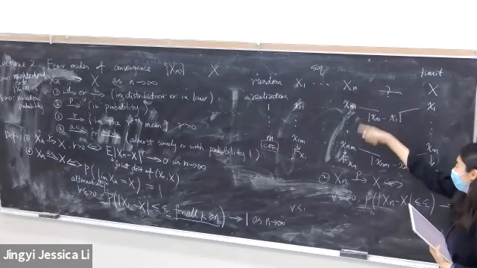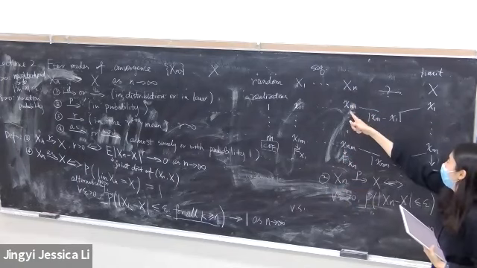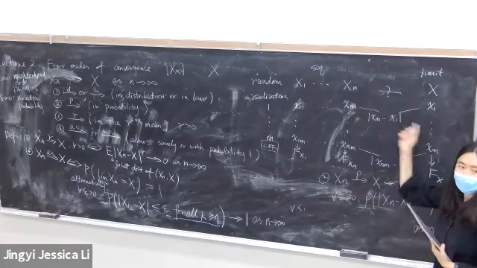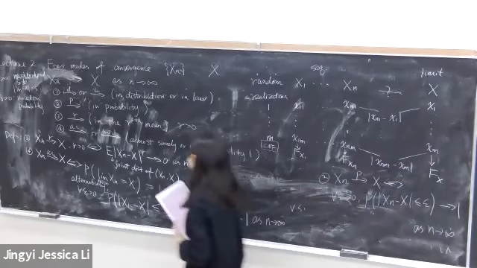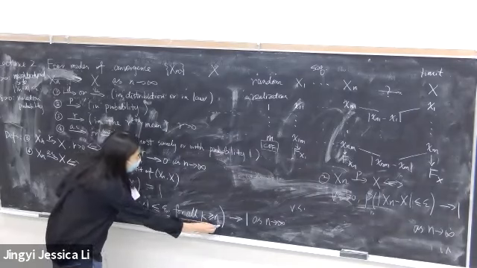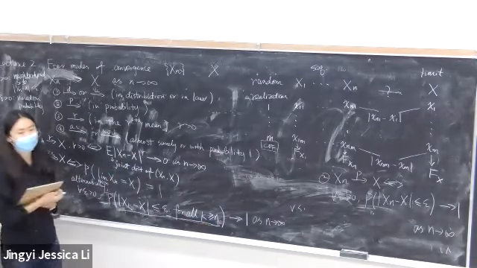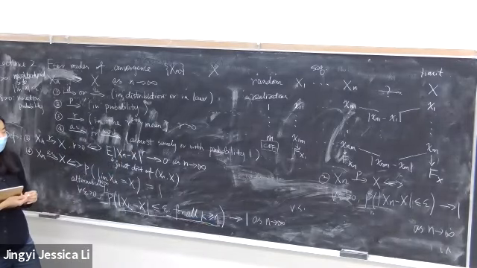But for almost sure convergence, we care about all the subsequent terms after n. That's a much stronger requirement. I hope everybody can make sense of this. Essentially, this implies convergence for every realization.